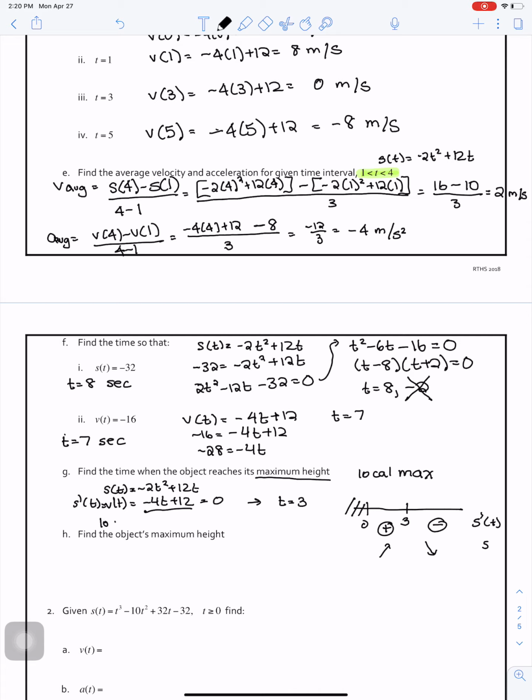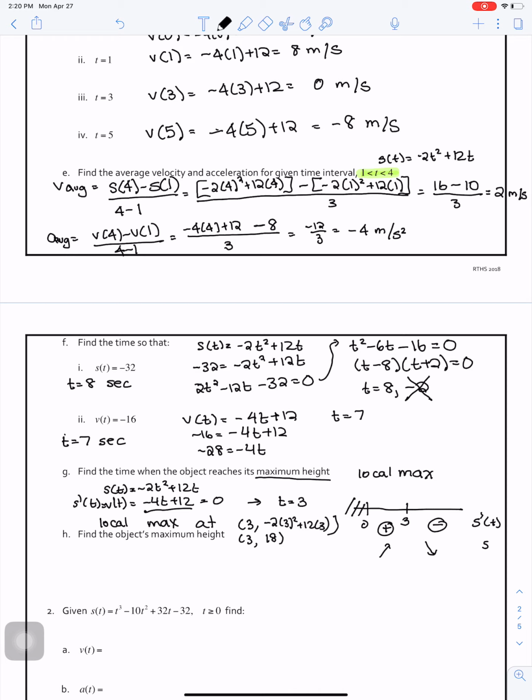So I'm going to say local max at 3, and where is the maximum height? I sub it back into my position function to find the y coordinate. So that would be -2 times 3 squared plus 12 times 3, which is 18.